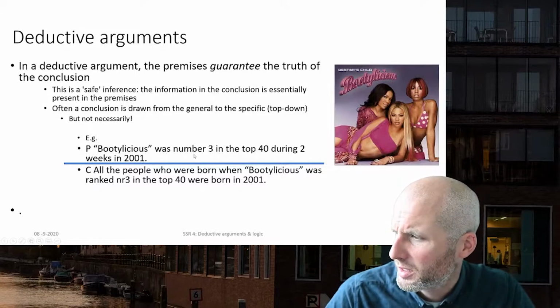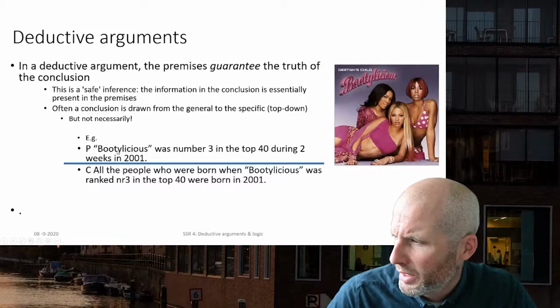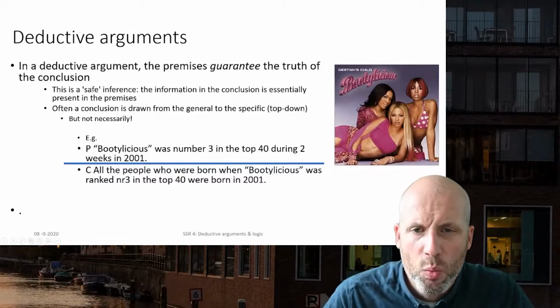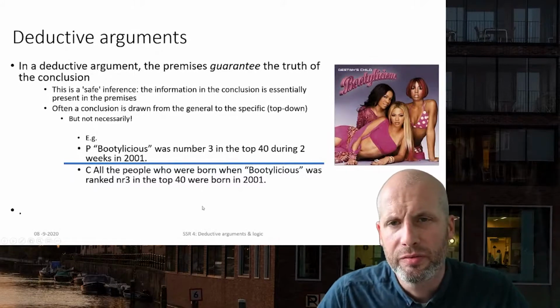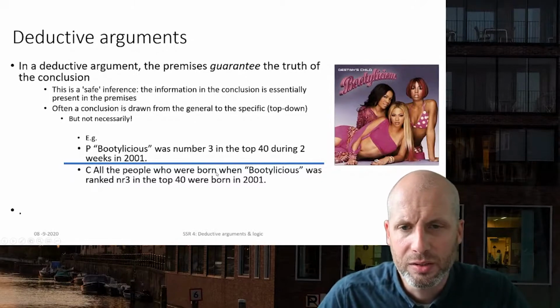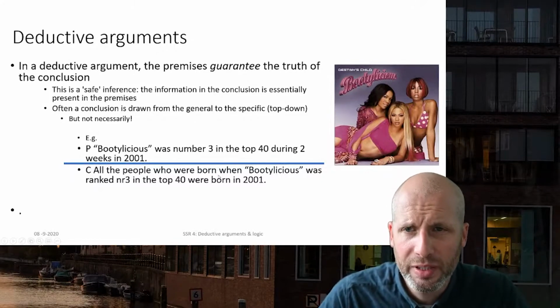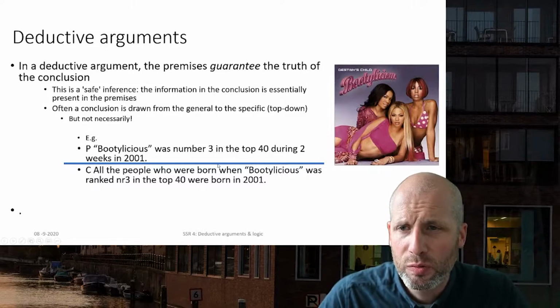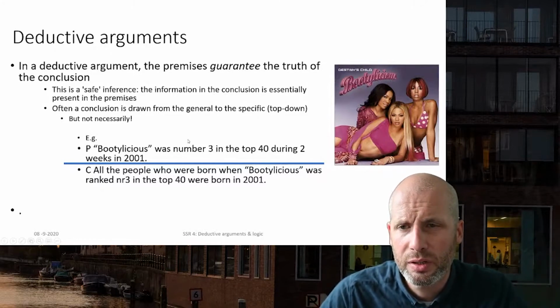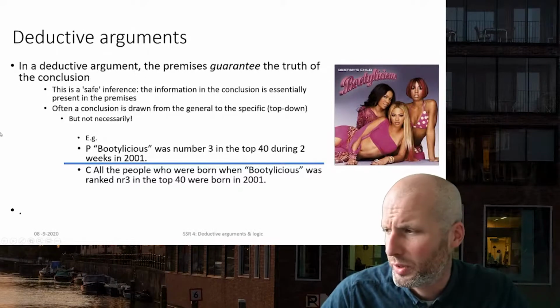Something was the case in a specific period of time in the year 2001, and from that I draw a more general conclusion. What is important in deductive arguments is that you recognize that people are trying to say that the conclusion is guaranteed to be true given that the premises are true. Whether we go from specific instances to general descriptions or the other way around is of secondary importance.